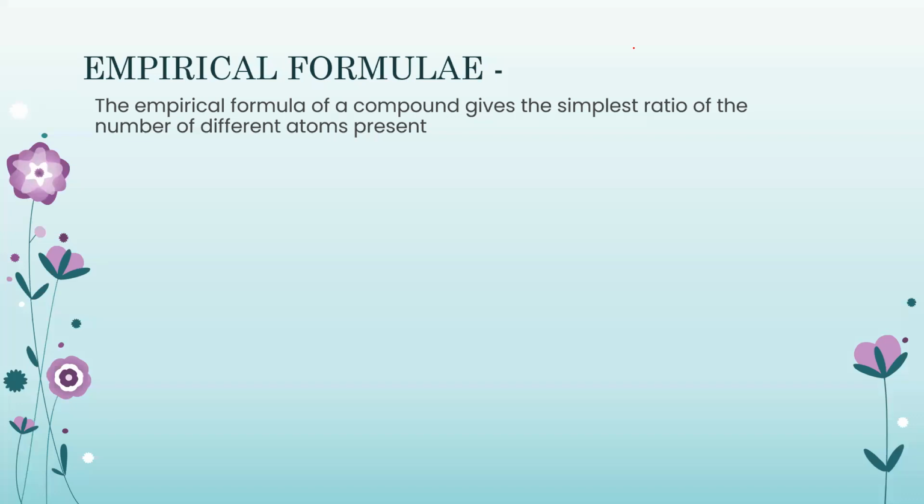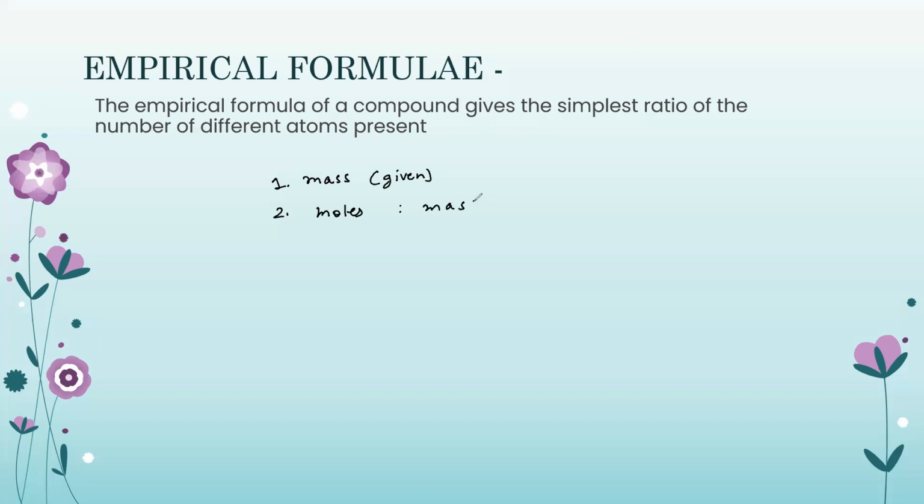So how to find the empirical formula? There is a very easy way to find it. You will be given the mass of the atom. And the second step is you have to find the moles. So what is the formula of moles?